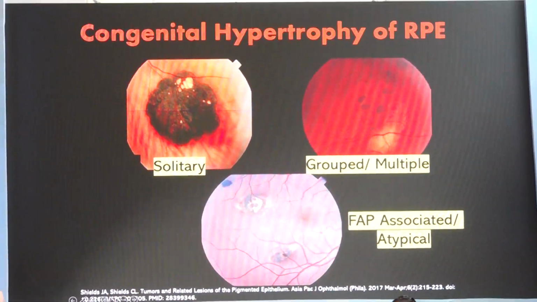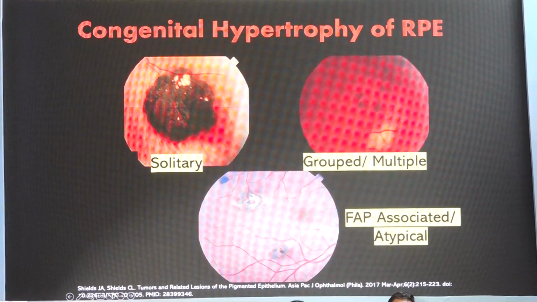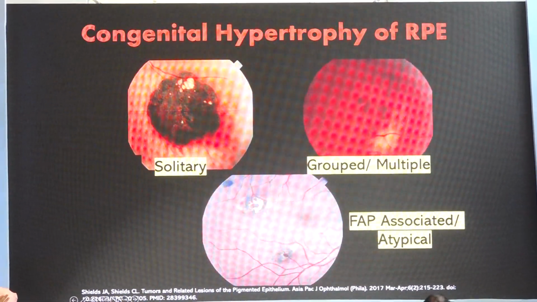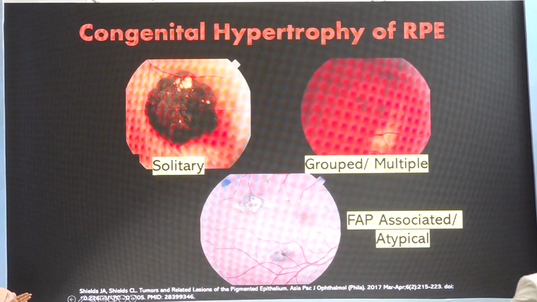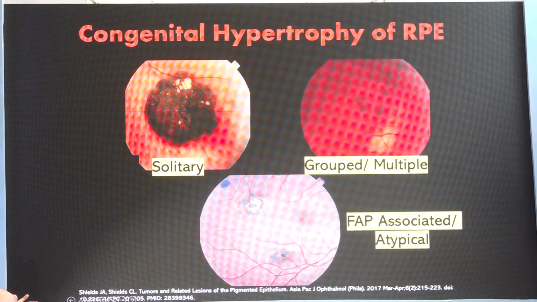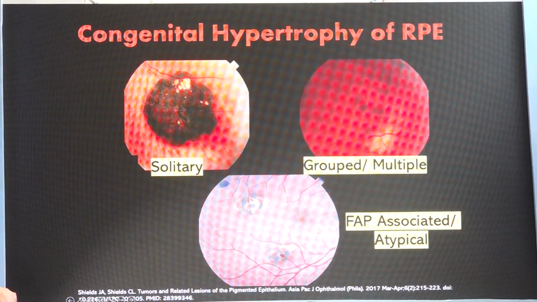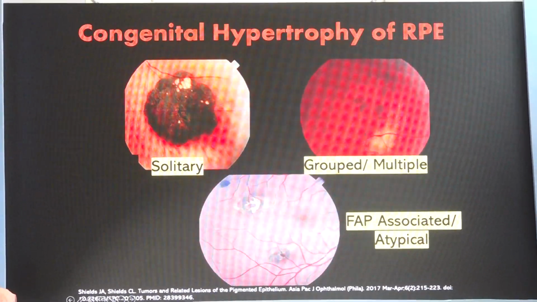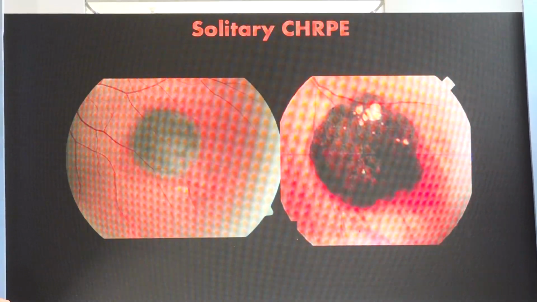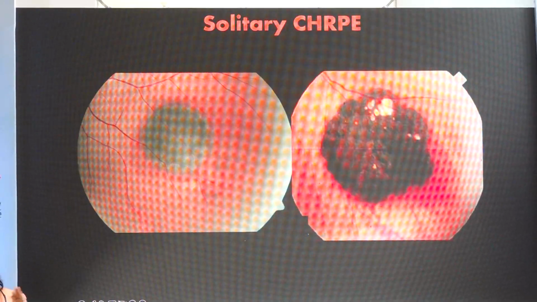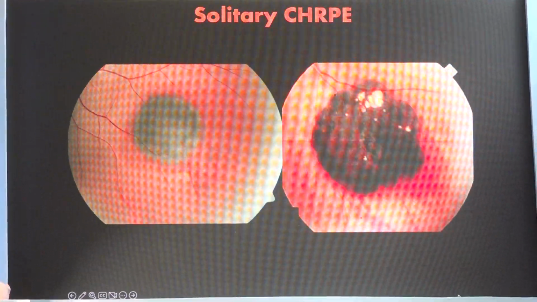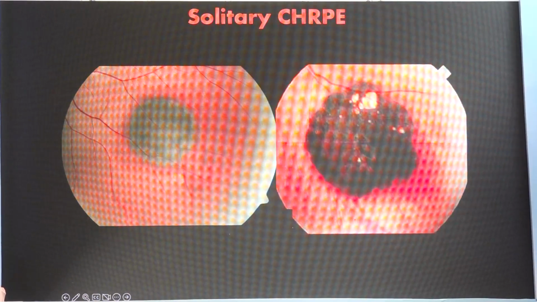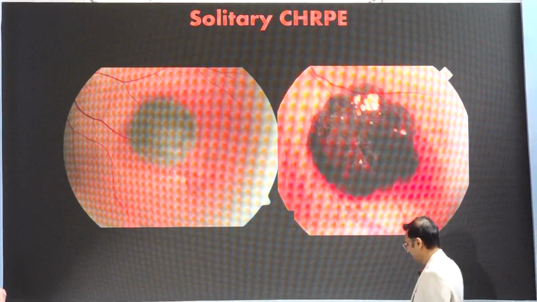So coming to solitary CHRPE. This can be a well-demarcated, flat to minimally elevated plaque-like lesion, which can range from a black homogeneous lesion, typically with depigmented lacunae, to a completely depigmented or a full lacunae lesion. In a solitary CHRPE, you will see the stuck-on appearance it is giving on the retina with very well-defined edges.